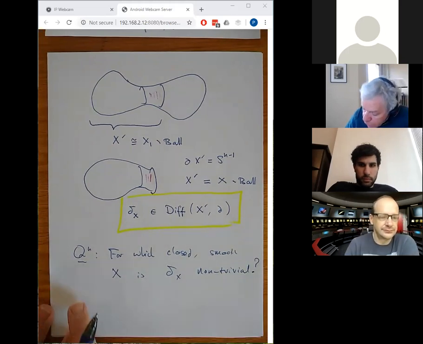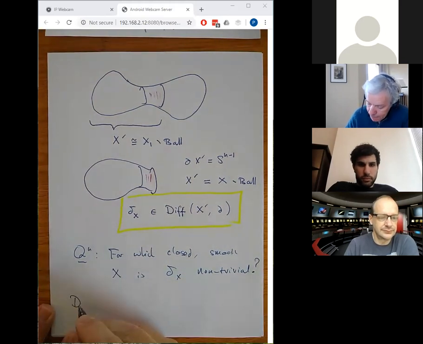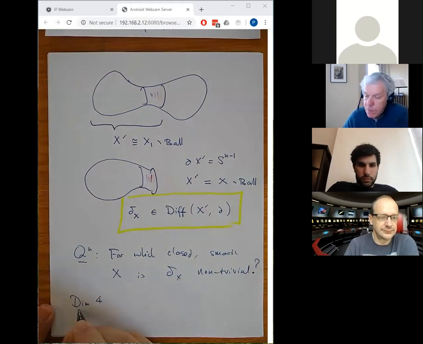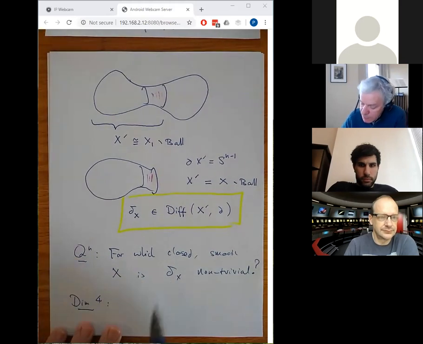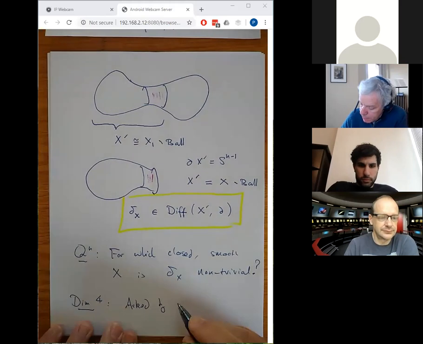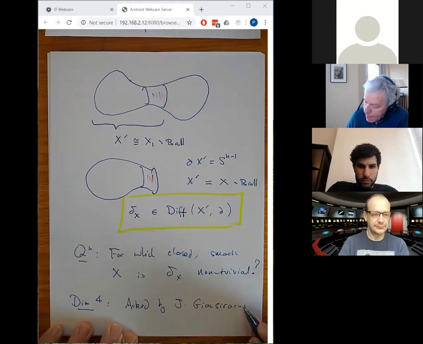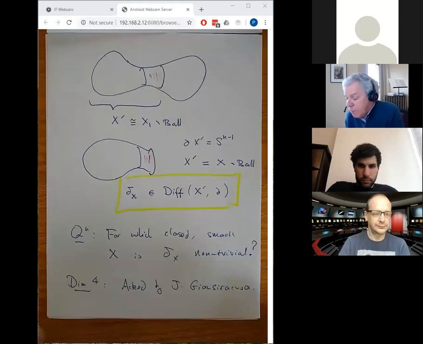For dimension 4, this exact question was asked very explicitly by Jeffrey Giansiracusa in a paper on the diffeomorphism group of K3, essentially, in many ways.